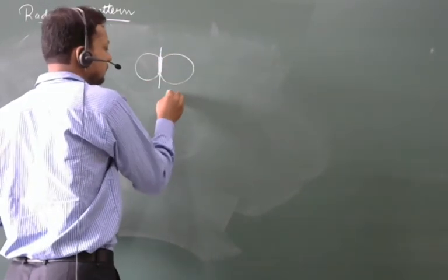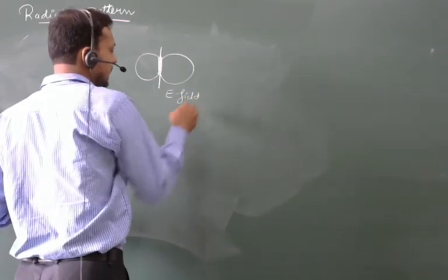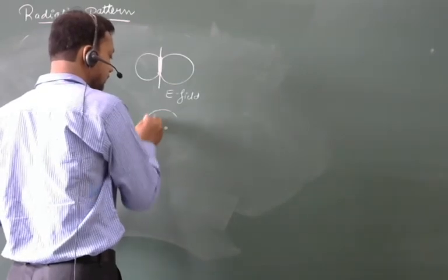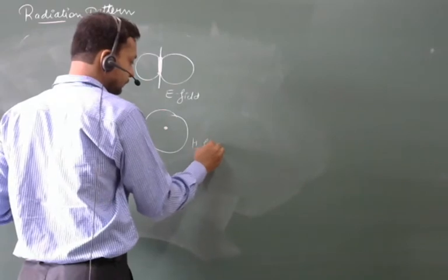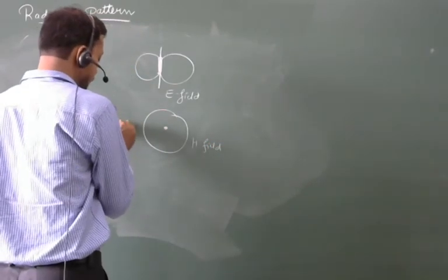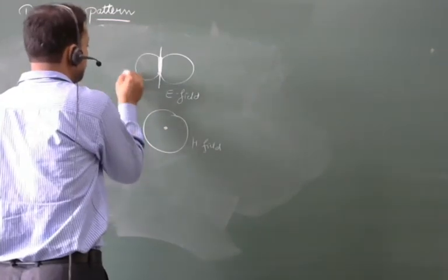This is the E field, and we take the top view, so the magnetic field H field. So this is the top view, this is the side view.